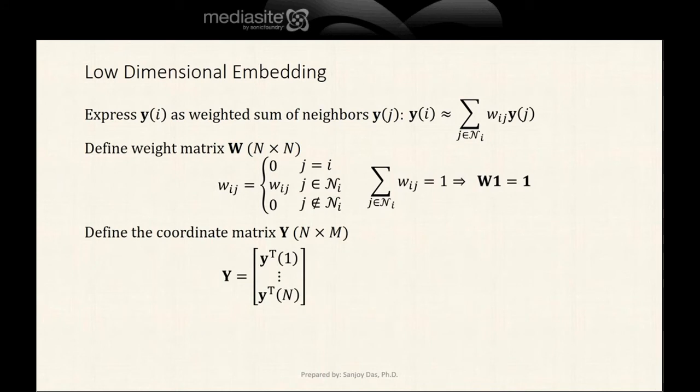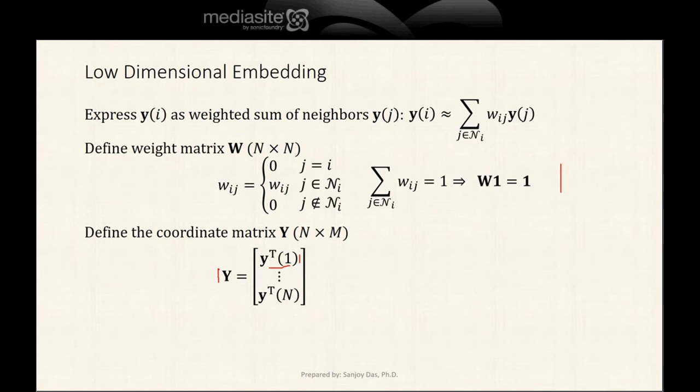Okay, so now we have defined the weight matrix, and now let's define the coordinate matrix. This coordinate matrix is Y, uppercase Y, and each row of this Y is the low dimensional embedding of the samples, transposed.